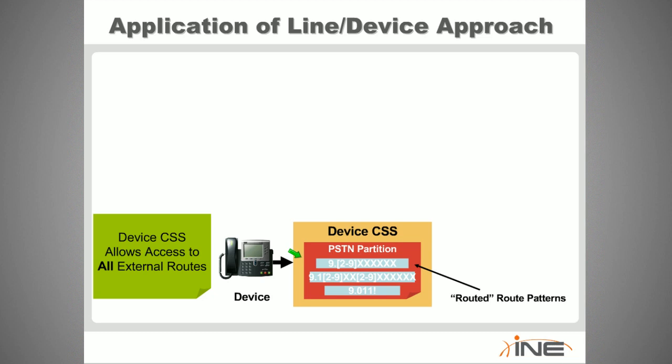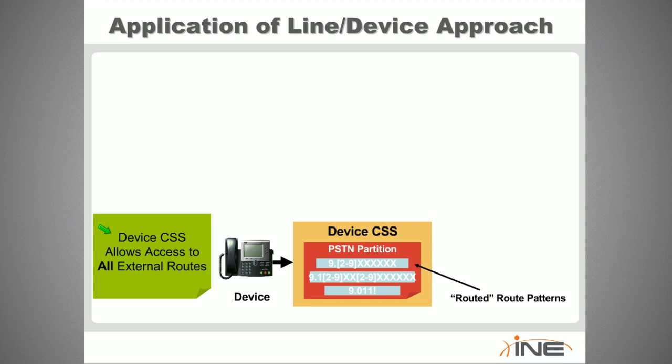So regardless of whether we have one site, 100 sites, or 1,000 sites, we're going to have one calling search space that's going to give, I'm sorry, it is still going to be based on site. So I got a little ahead of myself there. Per geographic area, we're going to have one CSS.